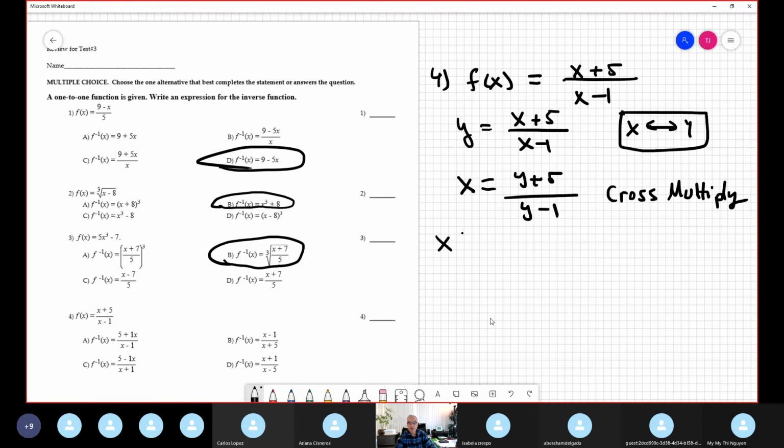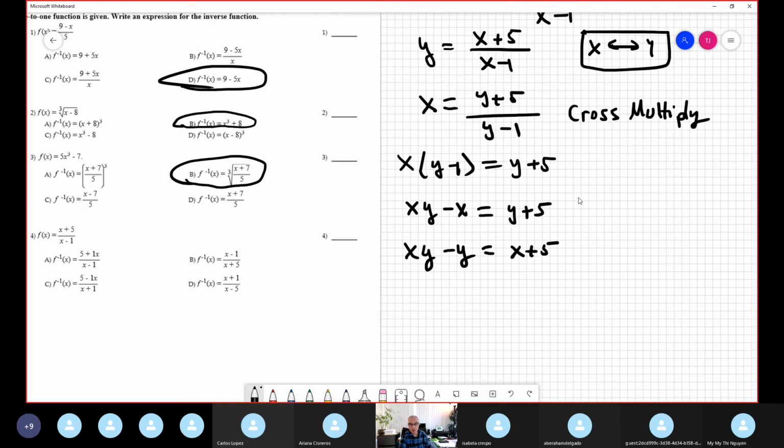You multiply x times (y minus 1) equals (y plus 5) multiplied by 1, because you suppose the 1 is the invisible denominator here. Now distribute: xy minus x equals y plus 5. My goal is y, so I keep xy here, move this y to the left, and to the right we have x plus 5.